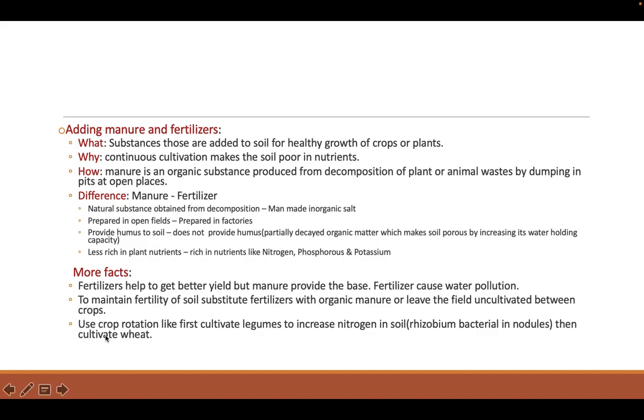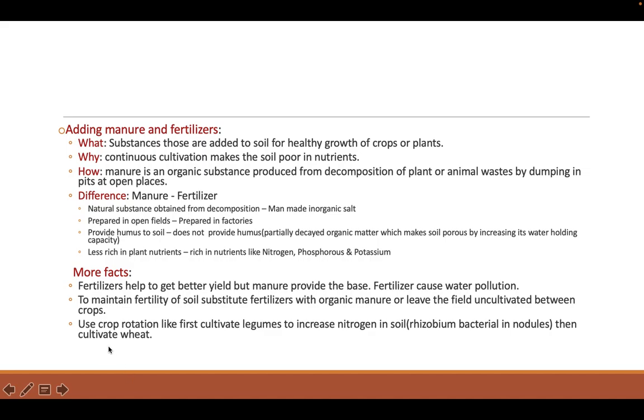One of them discussed here is to use crop rotation. One example is to first cultivate legumes like pulses and all to increase the nitrogen content in the soil. So how is it done? Usually by cultivating legumes, a bacteria called rhizobium is present in the nodules of those crops and plants, and that is very useful for the following crops.